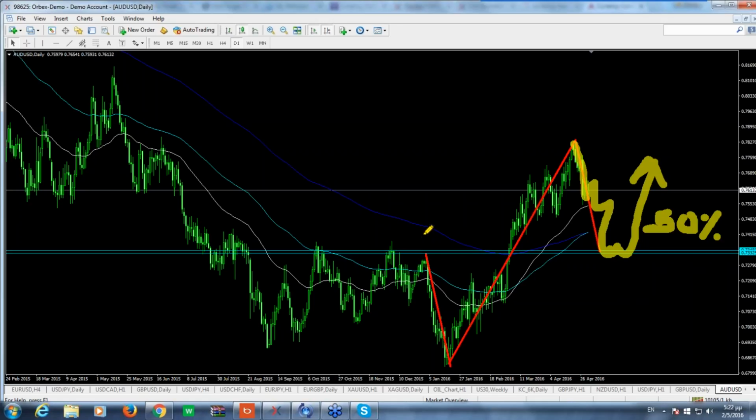That's my A here, this is called a bullish ABCD like pattern, B, C, D.